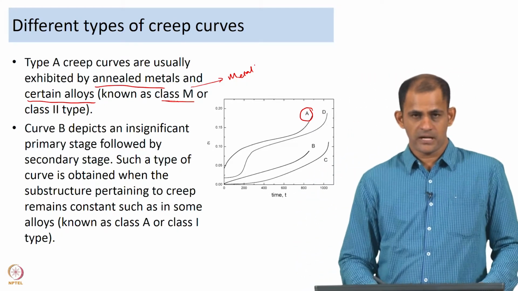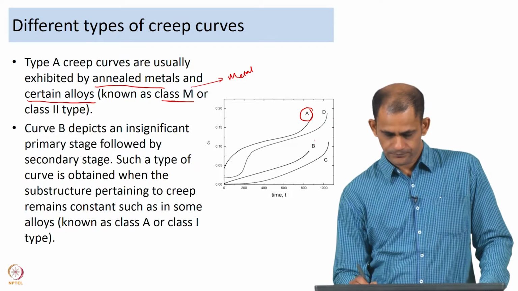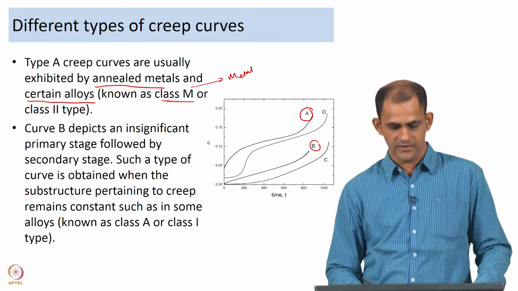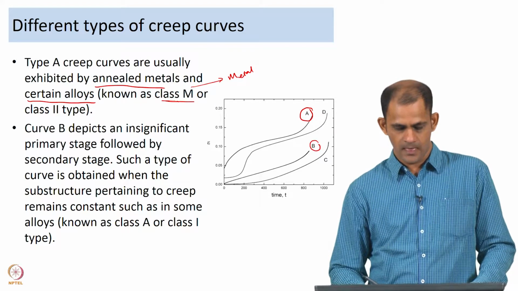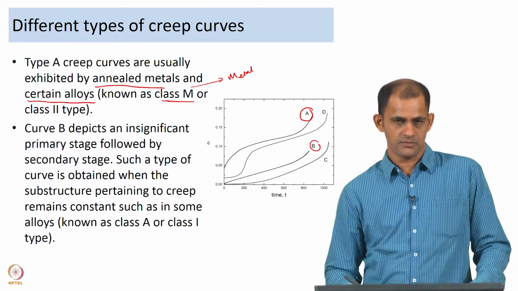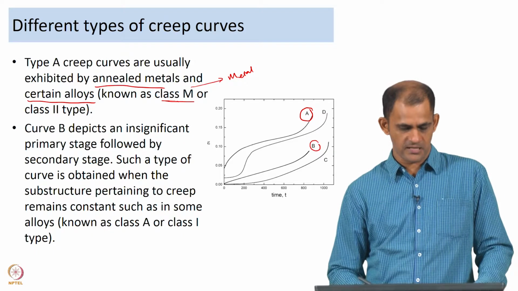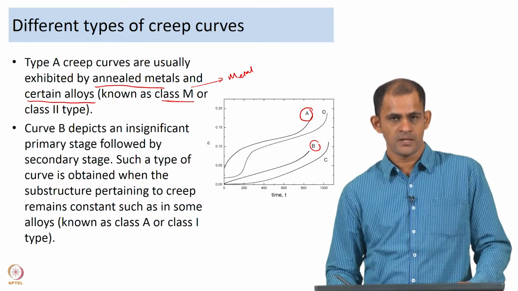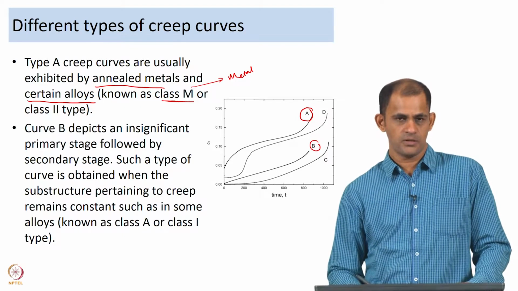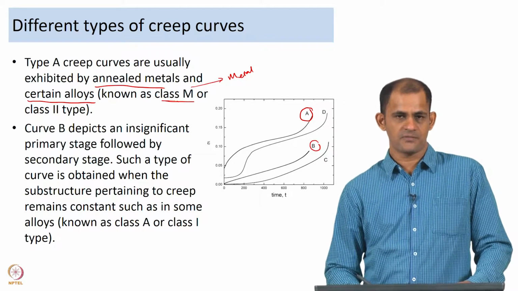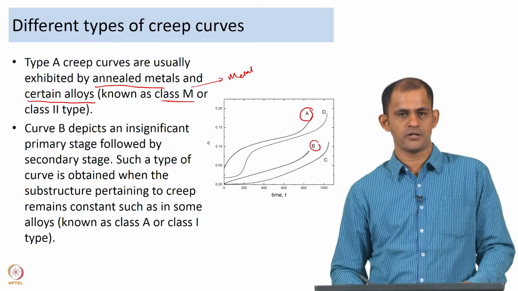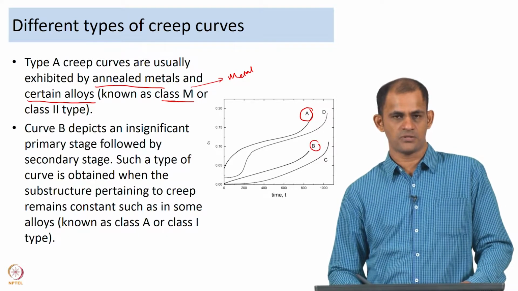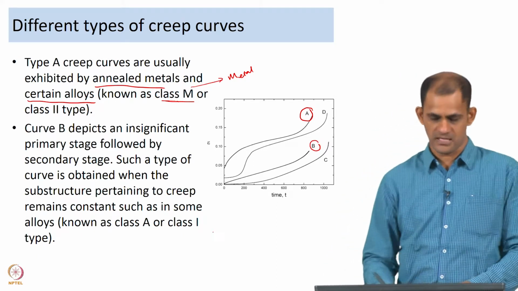Now, let us look at curve B. If you see, curve B depicts an insignificant primary stage. Here the primary stage is very small, and it is followed by a secondary stage. Such a creep curve is obtained when the substructure pertaining to creep remains constant, such as in some alloys known as class A or class 1 type.